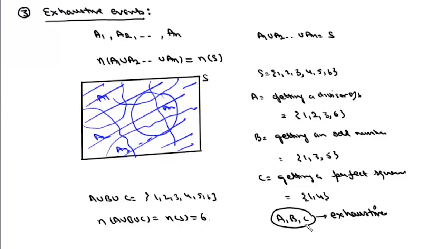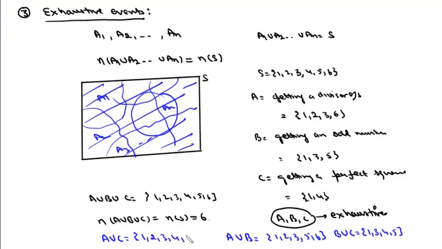Now, A and B alone are not exhaustive because if we take A union B, we have 1, 2, 3, 5 and 6. It doesn't have 4. B union C is 1, 3, 4, 5, and A union C is 1, 2, 3, 4 and 6. Neither AB, BC nor AC is exhaustive, but together A, B and C are exhaustive events.